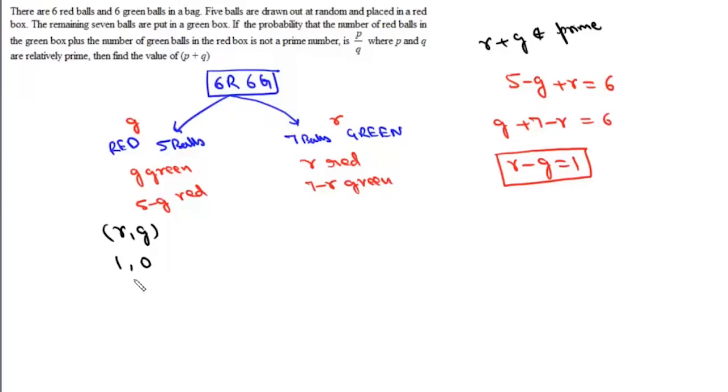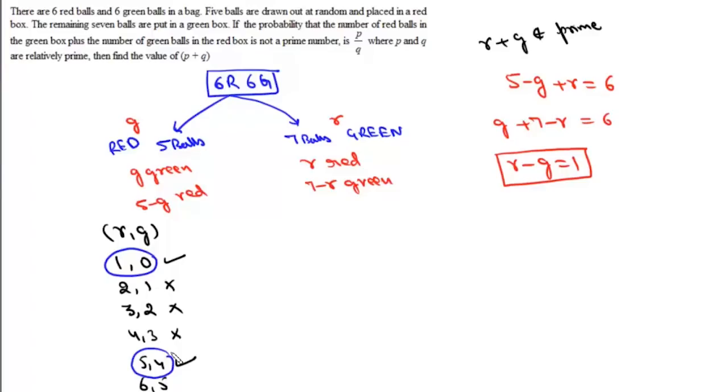In this case R minus G is 1 and R plus G is not a prime number, so we're going to select it. It could be 2, 1, and 2 plus 1 is 3. We are not going to accept it. Now 3, 2 is also prime. 4, 3 is also prime. 5 and 4, 5 plus 4 is 9, it is possible. And then 6, 5. 6 plus 5 is 11. So out of these 6 cases, there are only 2 cases where R plus G is not a prime number.